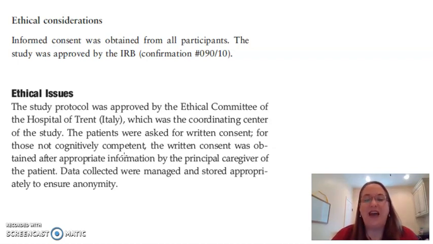And so they stated that instead, for those people who couldn't consent for whatever reason, they received that consent from the principal caregiver, whoever was that power of attorney or spokesperson for the individual.